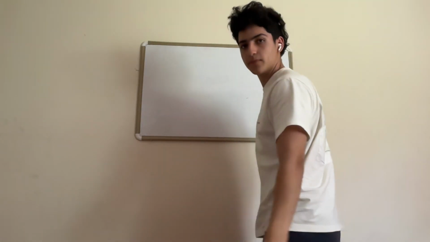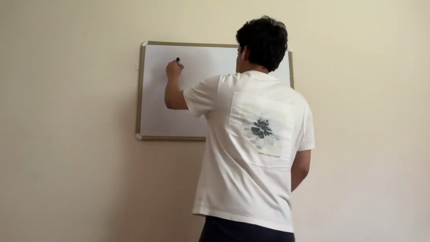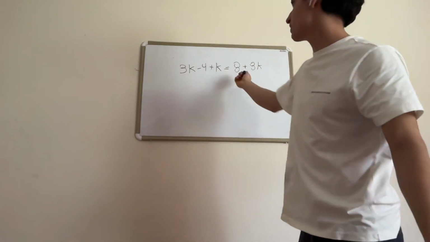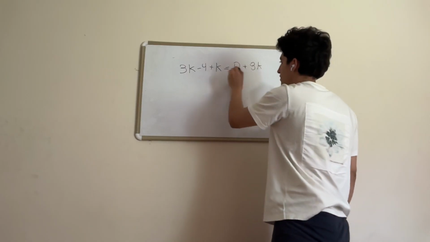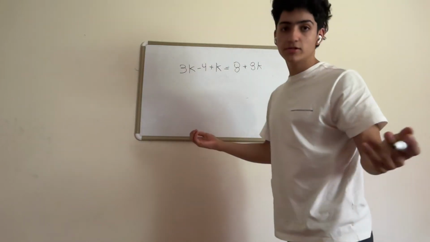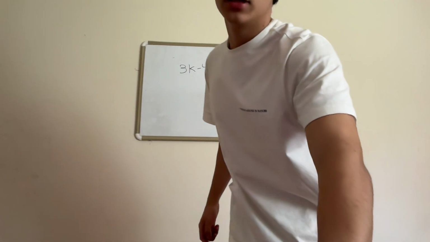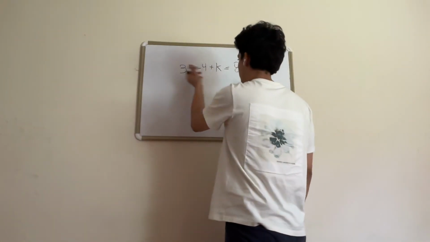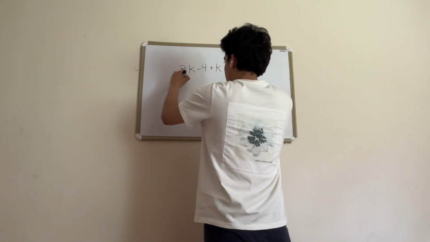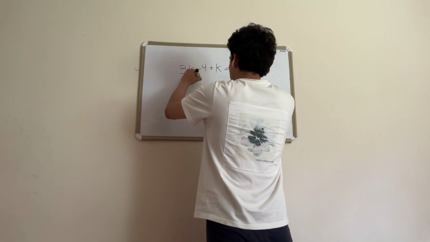Here you go. There you go. Here's a great example. As you can see, we have the variables on both sides, on this side and this side. So obviously first we gotta combine like terms, as we already know, right? So in this case, we gotta combine this one.